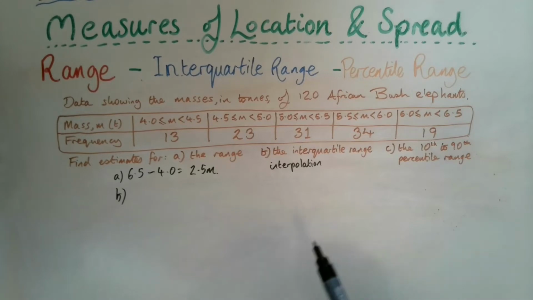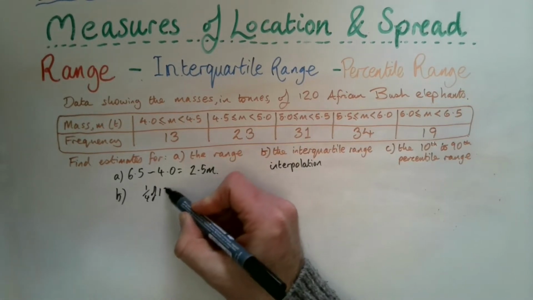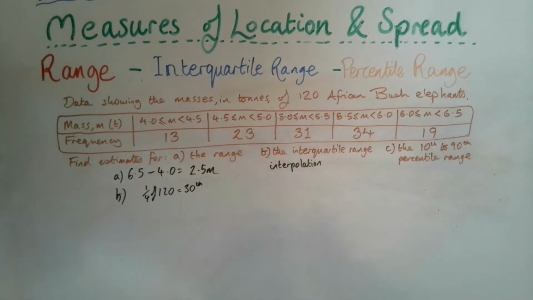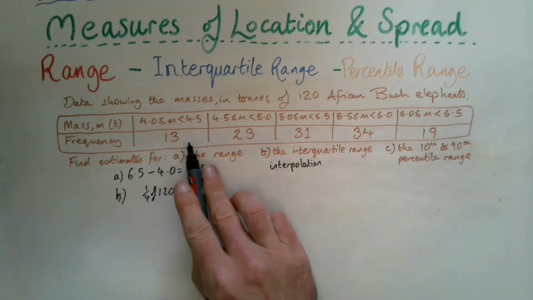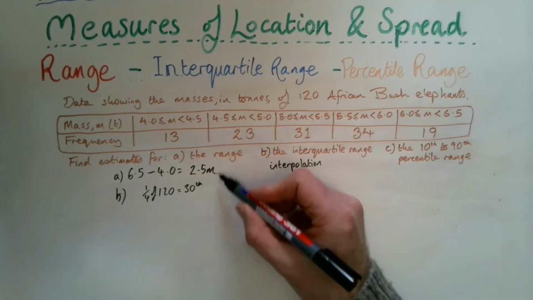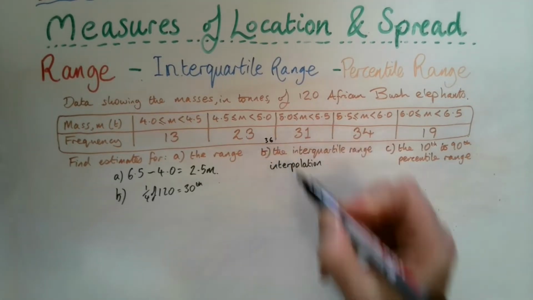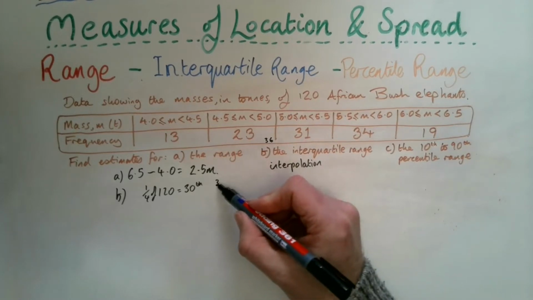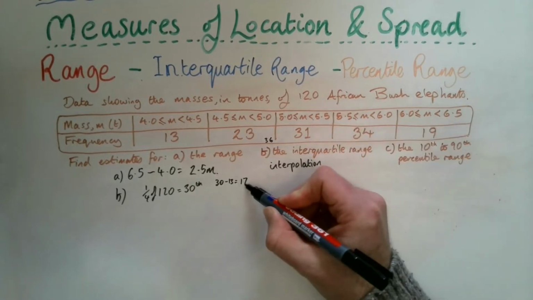So we want 1/4 of 120, which is 30. So we want the 30th result in here. And we've got 13 there, and 13 plus 23 makes 36 at that point, so it's definitely in here somewhere. So 30 take 13 is 17.